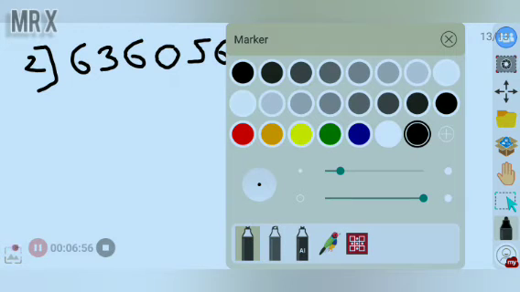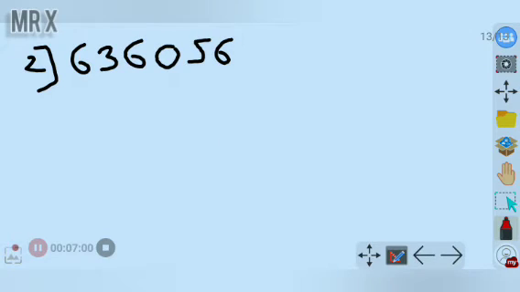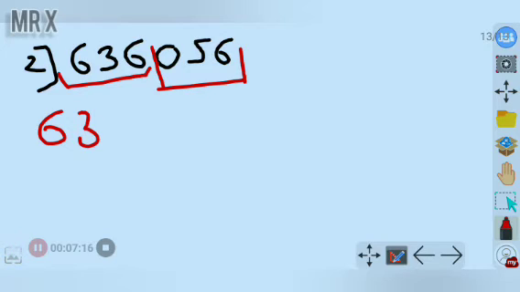As I said in the previous one, you have to split it into two groups: three compulsory from the right and the remaining three from the left. So it will be 636 slash 056.